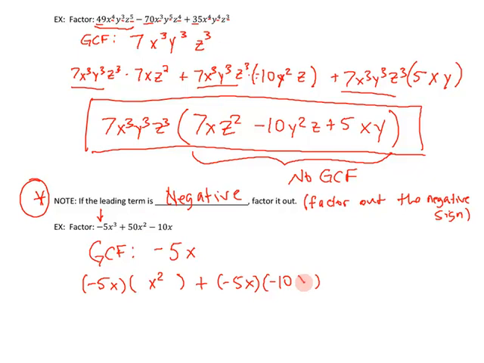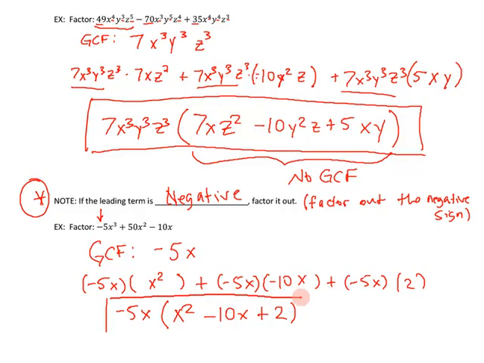And I need one more x. All right, to get to minus 10x, I just need a 2. And so pull out the negative 5x, and what's left behind? I have the x squared, a minus 10x, and a plus 2. That remaining trinomial has no common factors, so I have factored out the monomial, or the greatest common factor.